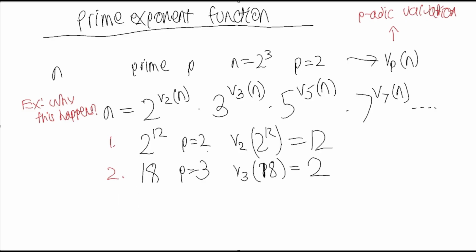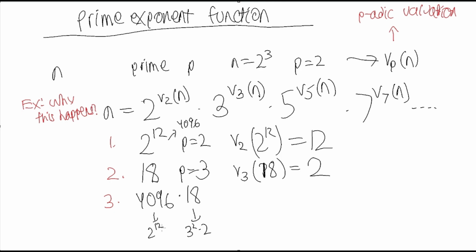Okay. Then we have our third example, which is where we combine these two. So it is 4096, which is 2 to the 12 up here, times 18. What is the nu 2 and nu 3 of this? Well, we can write this as 2 to the 12, and this as 3 squared times 2.